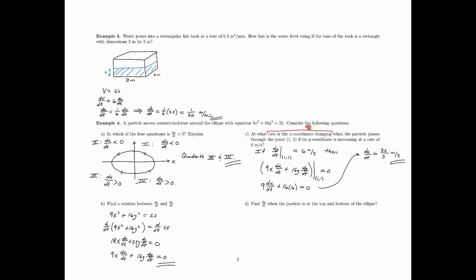So let's add this information. In quadrant 1, dy dt is positive, but then when we cross over into quadrant 2, dy dt is negative.